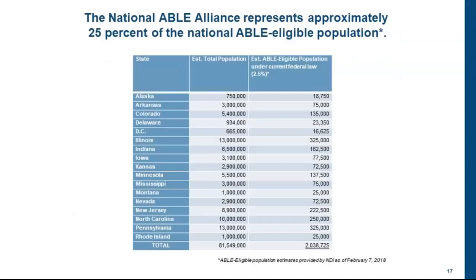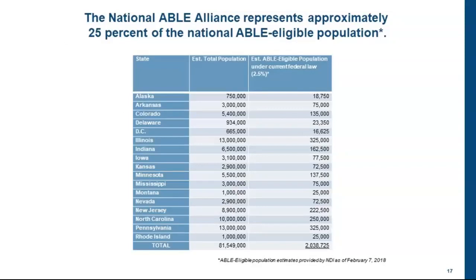That means something when the National ABLE Alliance is thinking about state populations that can vary significantly in size, from a state the size of Alaska with about 18,000 eligible individuals, 19,000 eligible individuals in Delaware, to larger states such as Illinois and North Carolina.